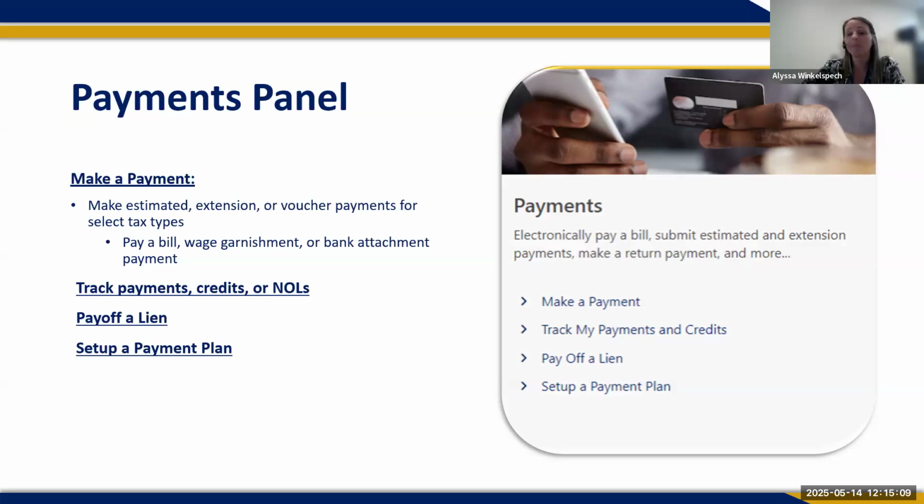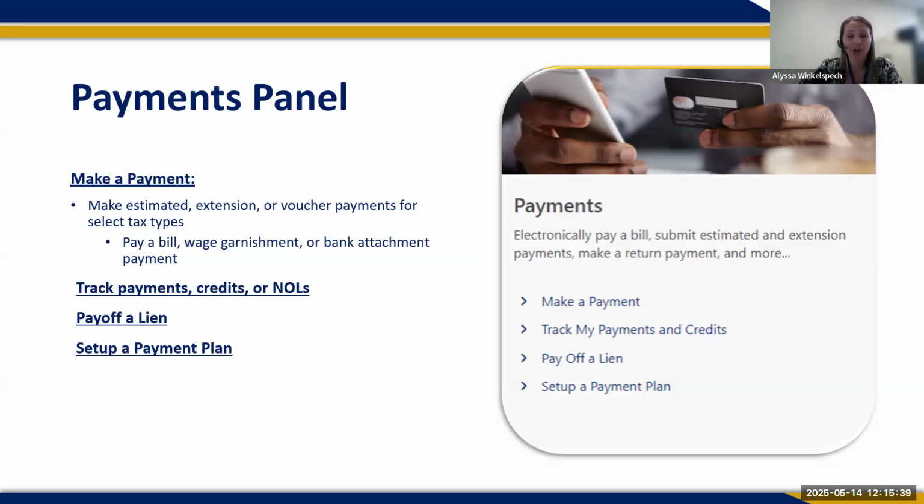There's also the ability to pay a bill or make a wage garnishment or bank attachment payment under this option. So as long as you have a notice from the Department of Revenue, which contains a letter ID to remit those payments, you can do that regardless of the tax type. The next link is track my payments and credits. And this is very helpful for the folks who are remitting estimated payments.